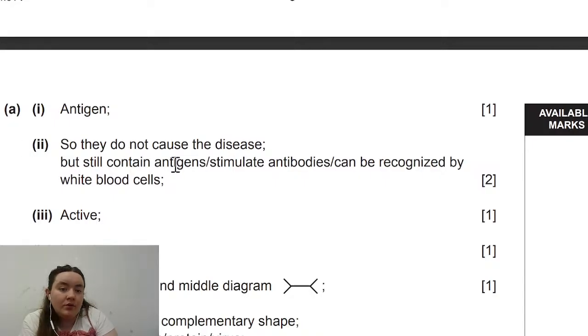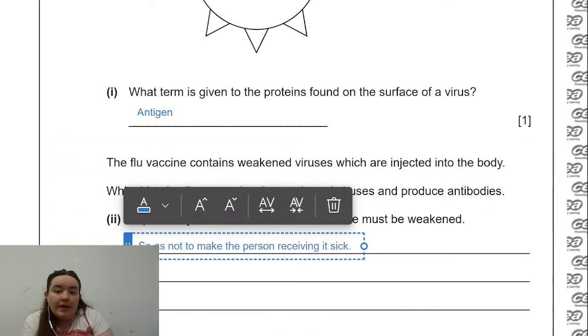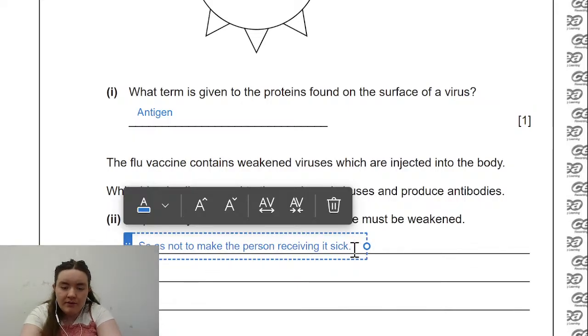So the first, it does not cause the disease, would be 1 mark, but it still has to contain the antibodies or stimulate the white blood cells into working. So my answer here would only have one mark. In order to get the second mark, I have to both state why it has to be weakened, but why it still has to be the virus in and of itself as well. So, so as not to make the person receiving it sick.